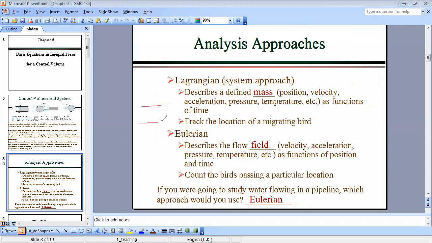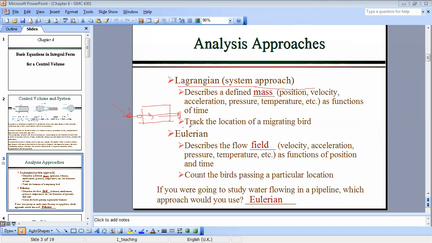If you have a certain pipe with particles coming in and out, you can follow a particle as it moves and look at its path. If you follow the particle, then your interest is the particle itself. This is a Lagrangian approach, like when you have a bird that is moving and you are tracking its motion.